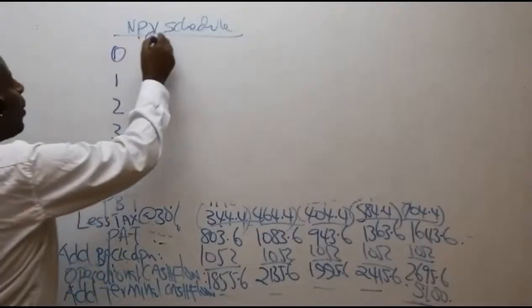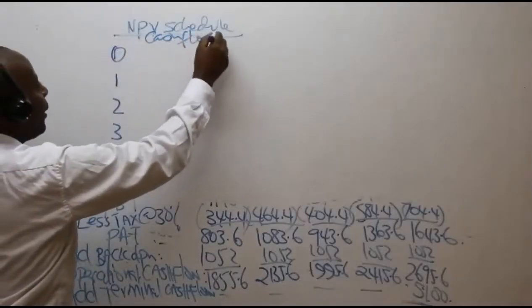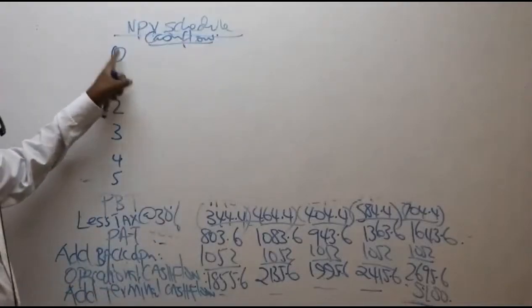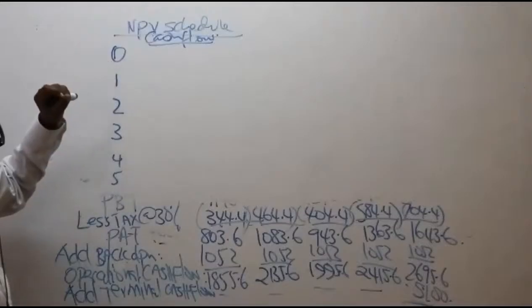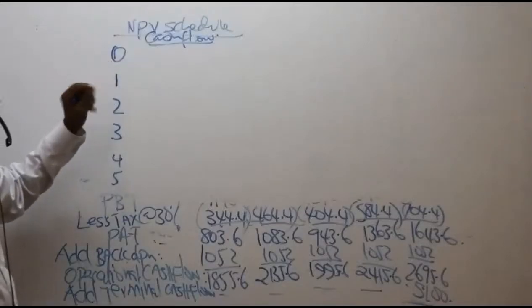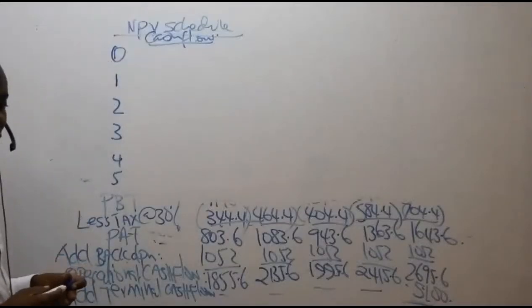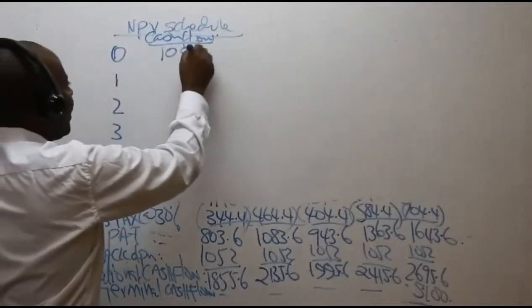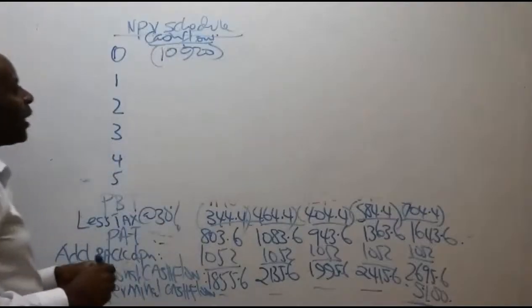In year 0, we have our initial outlay. Who is able to remember our 10,920? It is an outlay, so it has to be put in brackets.